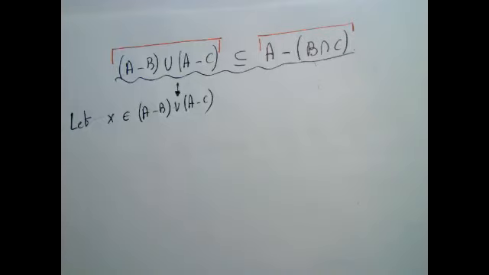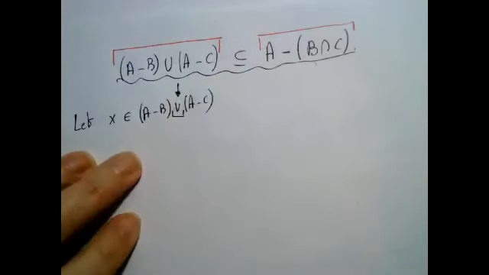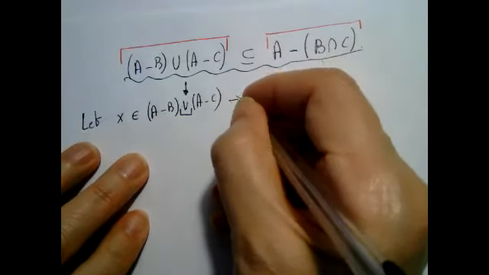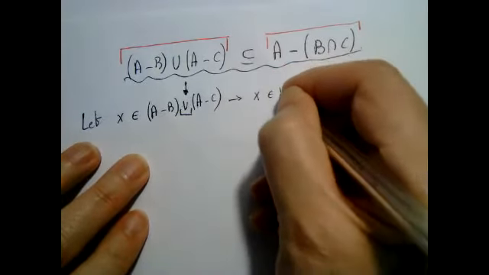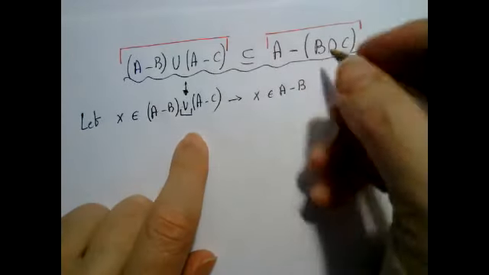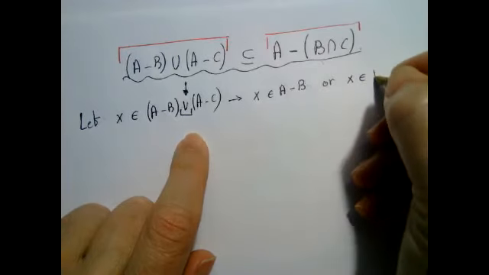Yeah, and then you can say either X is in A and not in B, or X is in A and not in C. So let's split them in two cases, since you have an or. Okay, so case one, X is in A and not in B. So since we have an or, X is in A minus B, or X is in A minus C.